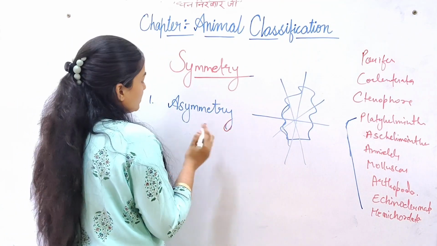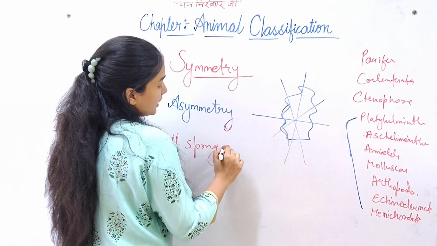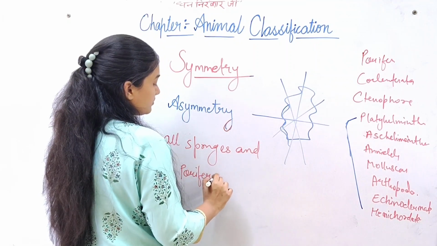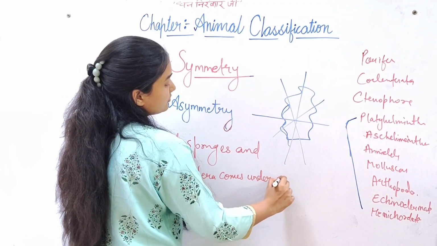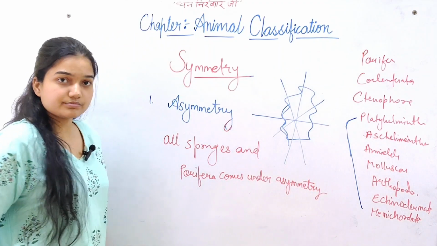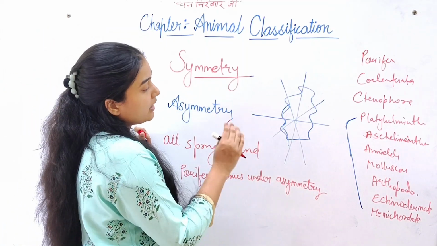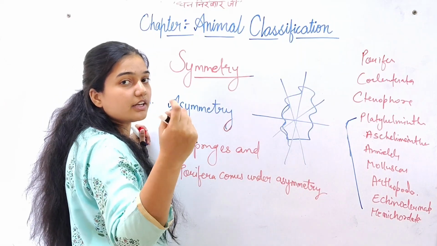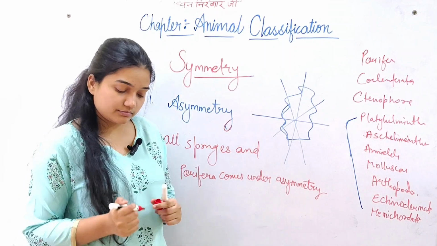All sponges, the poriferans, come under asymmetry. Sponges can be cut in any plane which passes through the center, and it does not give any equal halves. Getting my point?